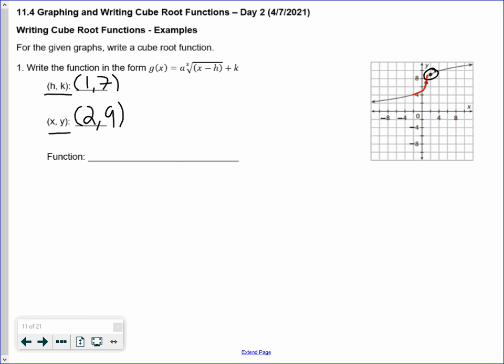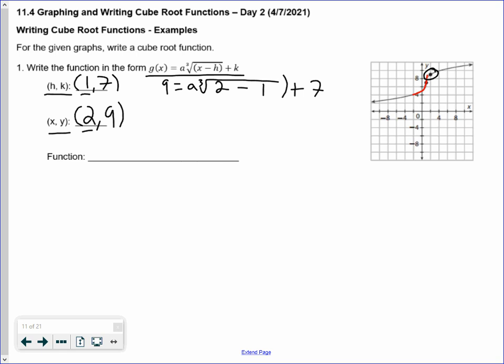What we're going to do is plug everything into our g of x and solve for our missing variable. Our g of x, that's our y value of 9, equals a, the term we're solving for, times the cube root of our x value, which is 2, minus our h value of 1, all plus our k value of 7.